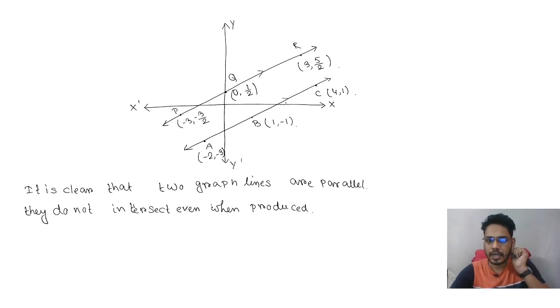So these two are parallel lines. If there is no intersection point, or no common point, that means they are parallel to each other and they never intersect each other.